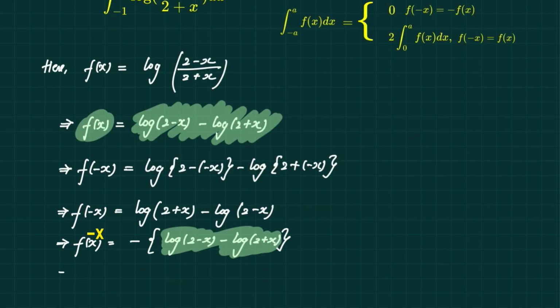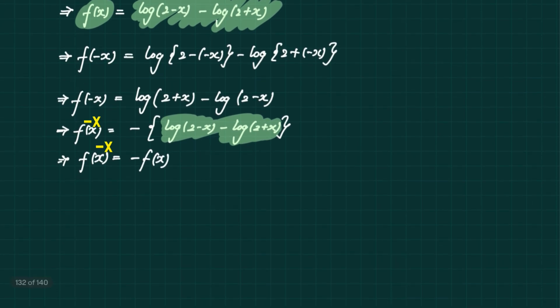So this implies that f of minus x equals minus of f of x. And seeing this, we can say that the given function f of x is an odd function.